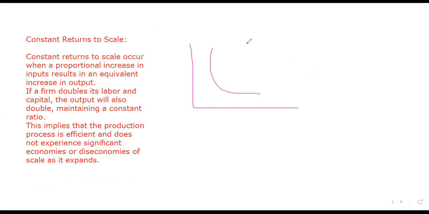Graphically, it may look like this. We are moving from 10, 20, 30, we're increasing by what? A constant rate. Production is efficient, but it does not really lift the potential. So it is just increasing at a constant scale.